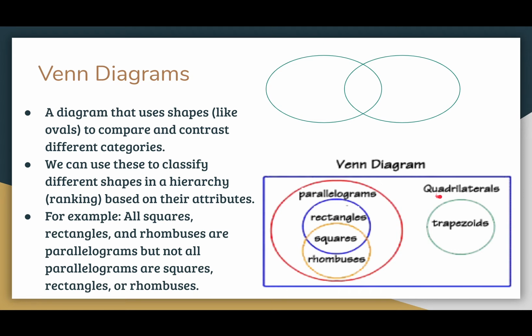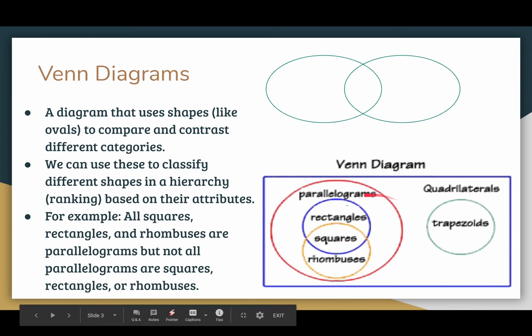Quad meaning 4, lateral meaning side. So 4-sided figures, okay? So basically we're saying quadrilaterals under that general topic includes trapezoids, parallelograms, rectangles, squares, and rhombuses. All of those 5 things fall under the category of quadrilaterals.